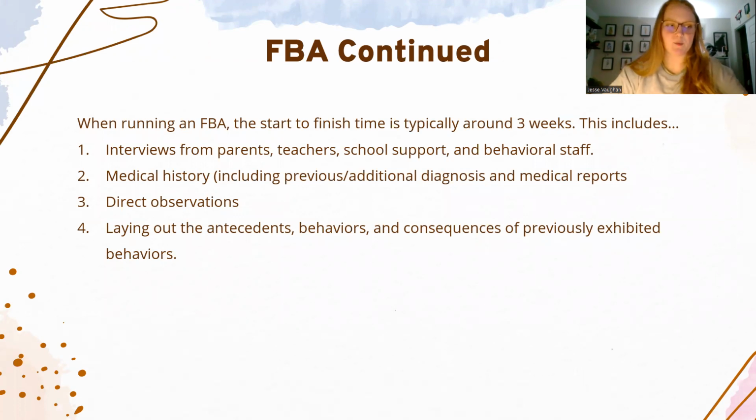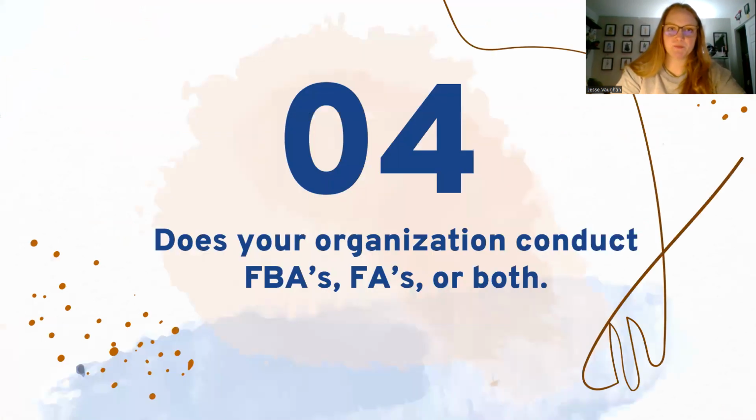This includes interviews from parents, teachers, school supports, and behavioral staff, a medical history, including previous and additional diagnoses, as well as different medical reports the child has received, direct and indirect observations, and then also laying out some antecedent behavior consequences of the previously exhibited behaviors. That would look like the ABC chart I mentioned in the earlier slide.